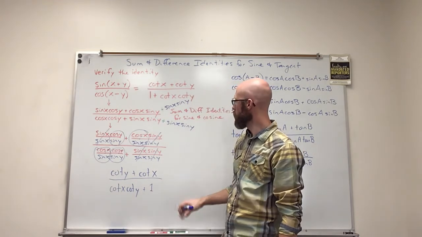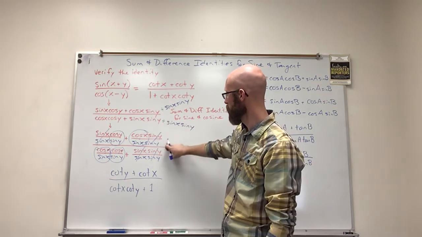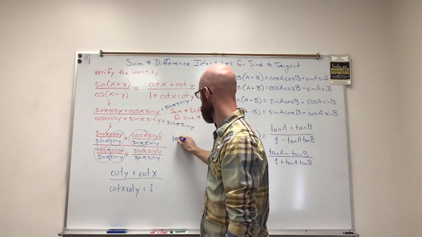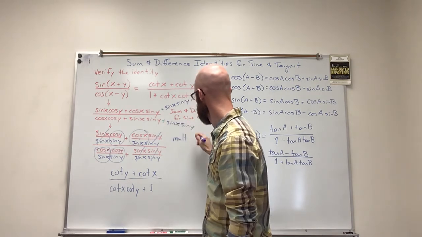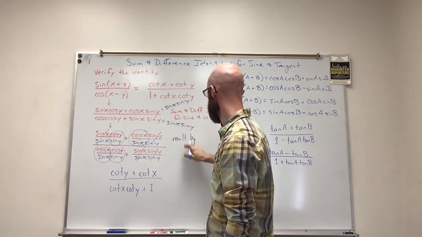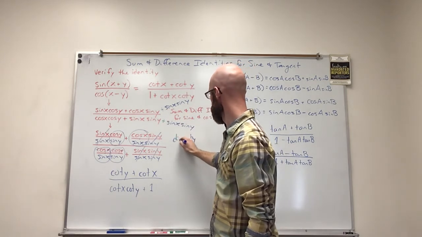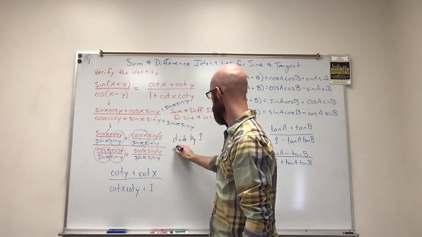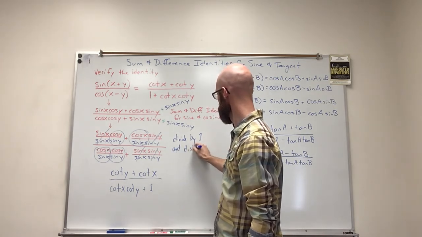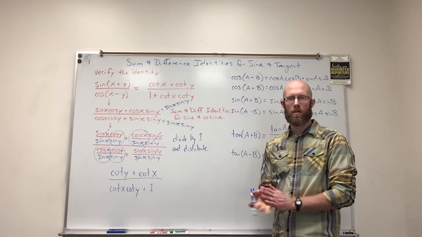Now, I should be writing my rationale here, right? This step that we got was, what do we do? Multiply by, or divide by 1, I guess, because we're dividing top and bottom by the same thing. Divide by 1 and distribute. Okay, divide by 1 and distribute.